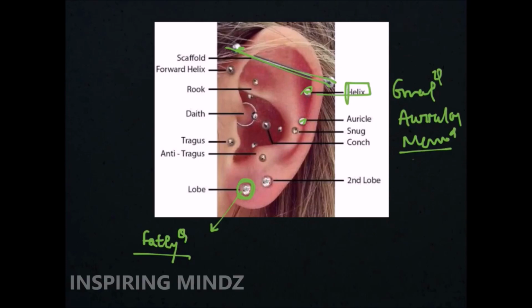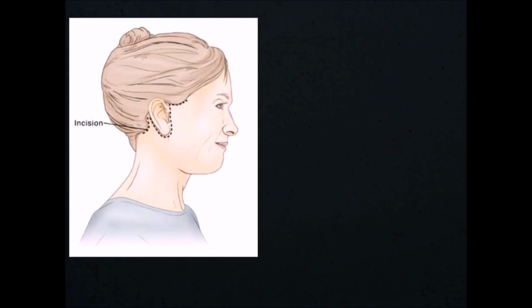Now the next point is the surgery known as rhytidectomy. What are rhytids? Rhytids are facial wrinkles. You can see these are the facial wrinkles. If we want to remove the facial wrinkles, we give an incision in the postauricular region and we lift the skin to remove the rhytids.